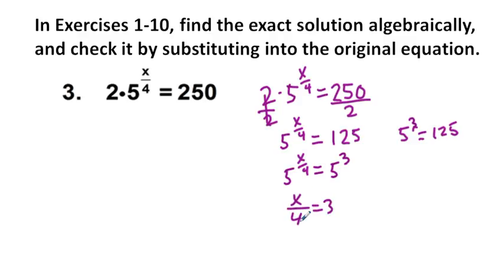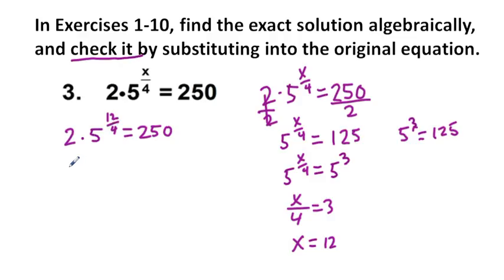And cross multiplying 4, x is going to be equal to 12. And that should be our answer, except we're going to check. In the original equation, we have 2 times 5 to the power of 12 over 4, and that should be equal to 250 if we've done everything right.